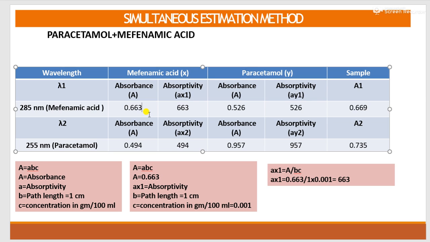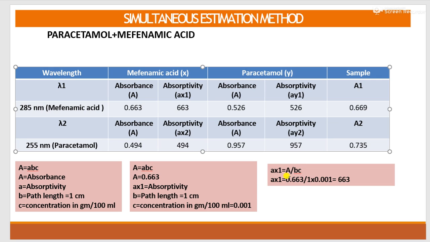So how to calculate absorptivity? The equation is capital A equals small a, b, c, where A is absorbance, small a is absorptivity, b is the path length which is 1, and c is the concentration in gram per 100 ml. For AX1, the reading is 0.663. So absorptivity AX1 is equal to A upon bc.